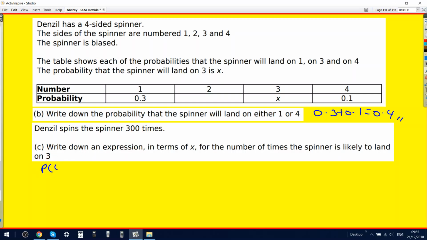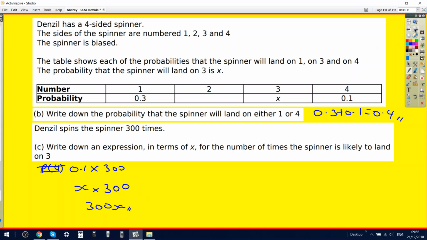So number of times for a 4 would be 0.1 times 300. So how about number of times for a 3? x times 300. Yeah. And can you write that in a shorter way? 300x. Yeah. That's it. 300x.